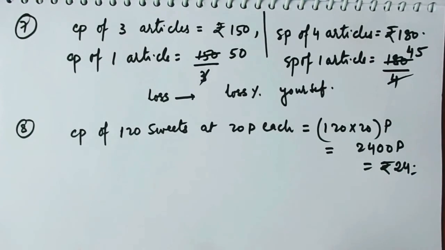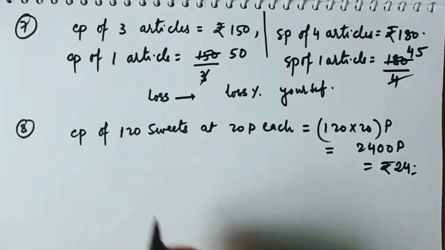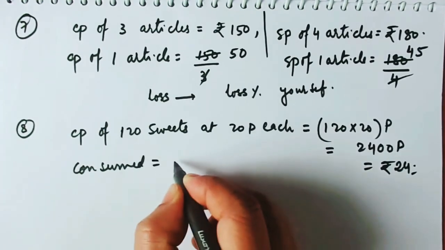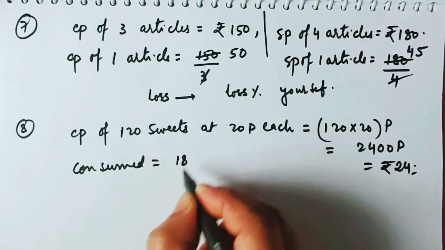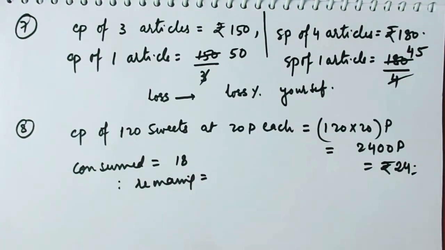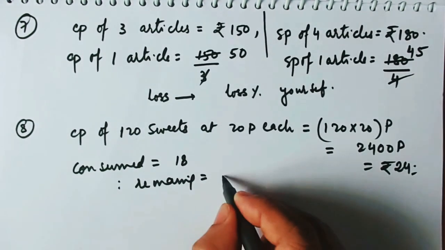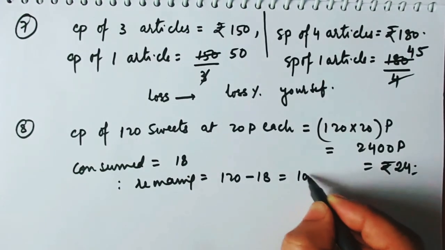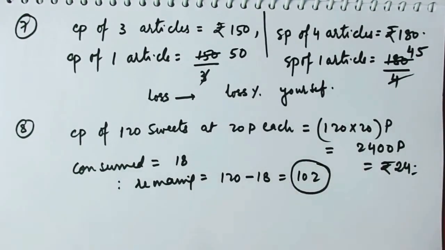Now in his house, 18 were consumed. So consumed is equal to how much, my dear? 18 of them. So the remaining will be equal to 120 minus 18, which is 102. So naturally, if he wants to sell, he will sell 102 sweets only.